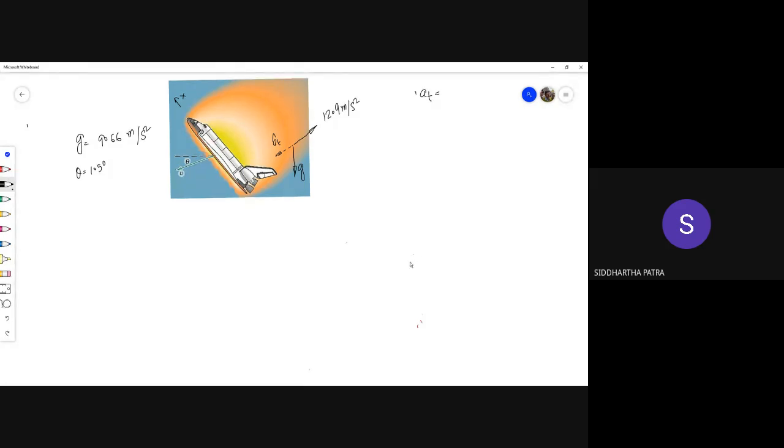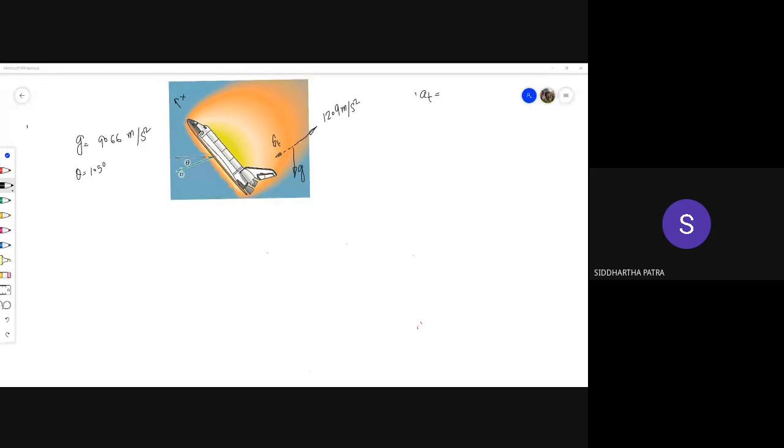Okay, so it seems a little confusing to me. But let's say if I tell you that these are the two components of the acceleration, can you give me the tangential component of the acceleration?